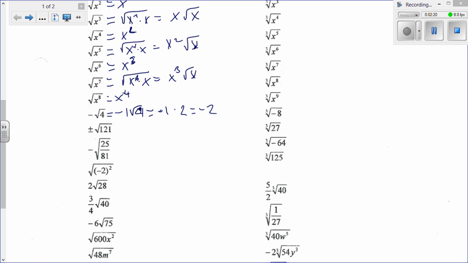I have plus or minus the square root of 121, which is plus or minus 11. The negative square root of 25 over 81, I just take the square root of the numerator, square root of the denominator, and because it's negative out in front, it becomes negative 5 over 9.